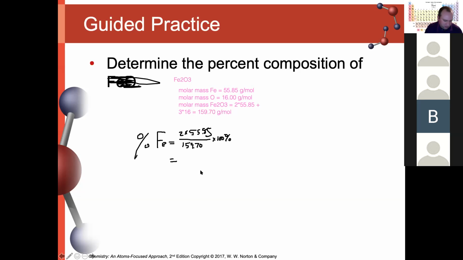And so 2 times 55.85 divided by 159.70 times 100%. We would get 69.944.